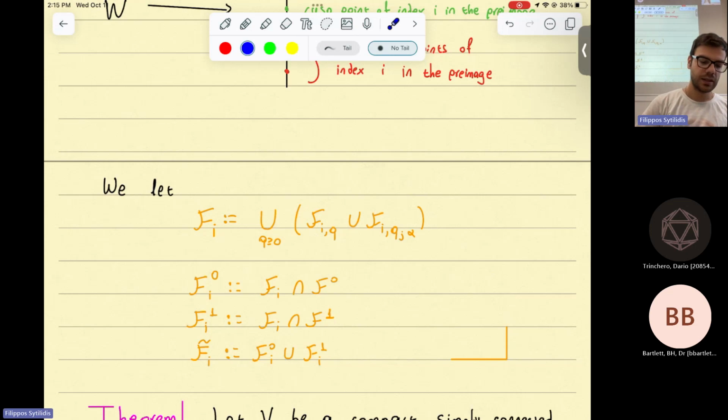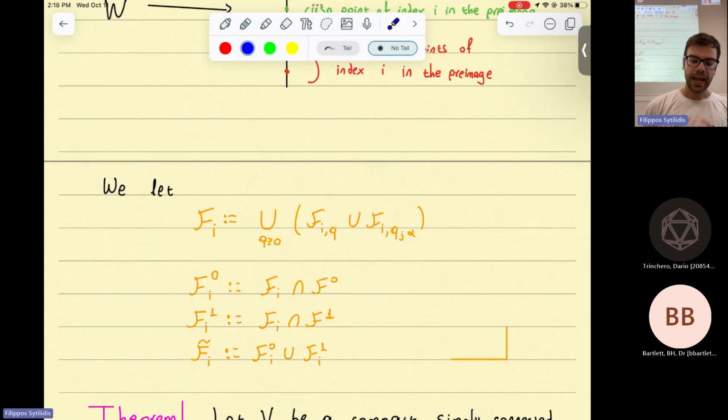That's what this space consists of. I'm having q greater than or equal to 0, so I'm also including all Morse functions without critical points. That's the q equals 0 case.